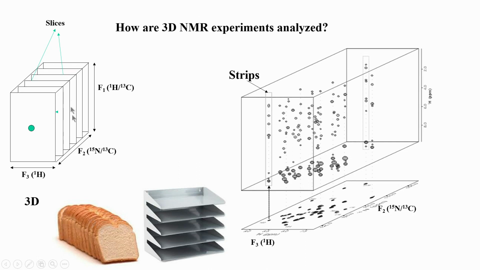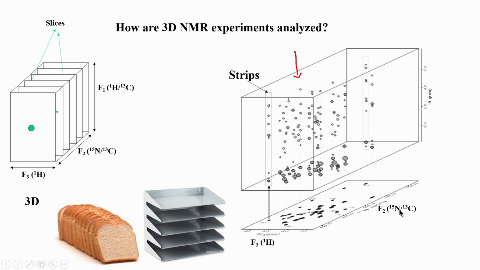Essentially all our 3D spectra we analyze slice by slice, and within each slice we look at a strip. We will come to the strip analysis more as we go along, but to quickly understand, imagine this is a 3D box, and it consists of peaks. Now, if I look from the top view, again remember this concept of projection, then this projection is nothing but an HSQC.